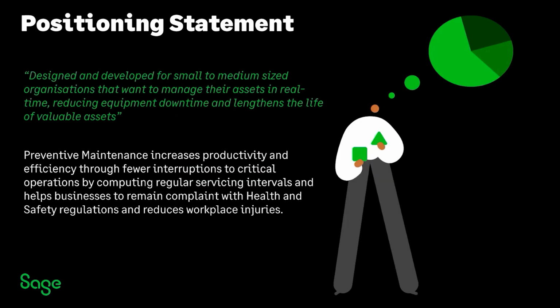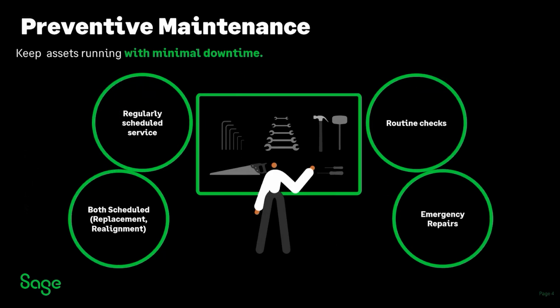I'm not going to bore you with all these sales jargons, but when you're looking at keeping your assets running at minimal downtime, we're talking of a regular service schedule. We're also talking of routine checks. It could be emergency repairs where you just go straight and open a job ticket.